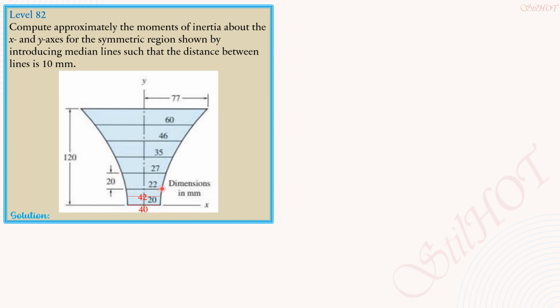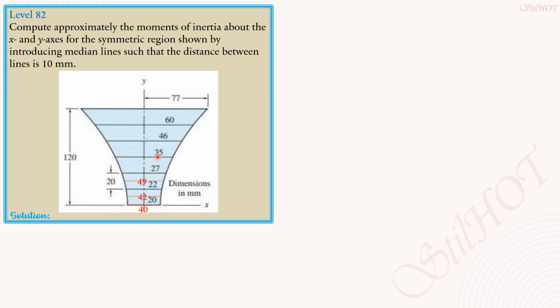Then this is supposedly 44, 22 times 2, and this is 27 times 2, 54. So 44 plus 54 is 98 divided by 2, so 49. So simply we just add this because we multiply the length here or the median line by 2. So it's just 22 plus 27, so 49.